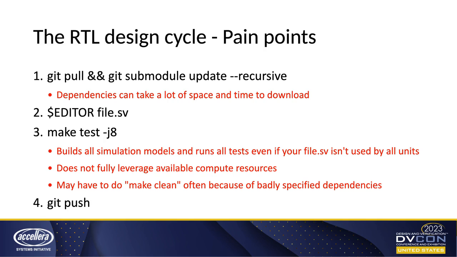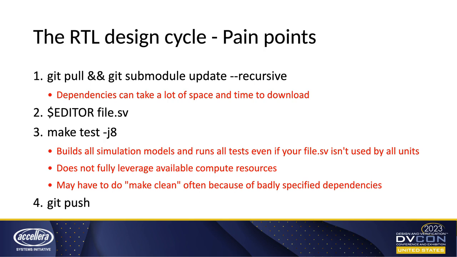On a clone that you've already been working in, maybe you're lucky, you've already built something and you did a good pull. It didn't update other files, so then you only have to rebuild and rerun one unit. And then this make can be parallelized across threads on your local machine, but can't leverage all the compute resources you might have. You might have other machines available with lots of threads that are just sitting idle.